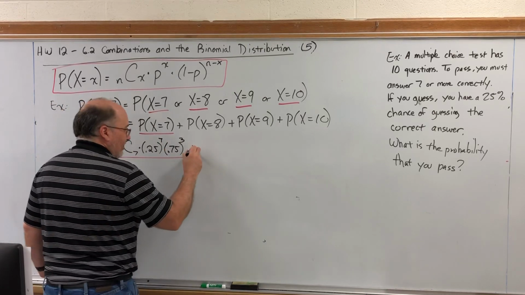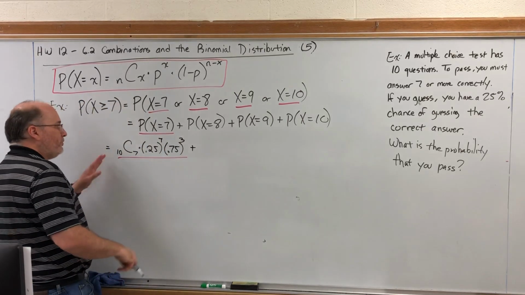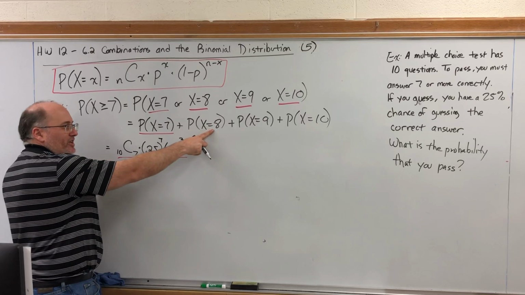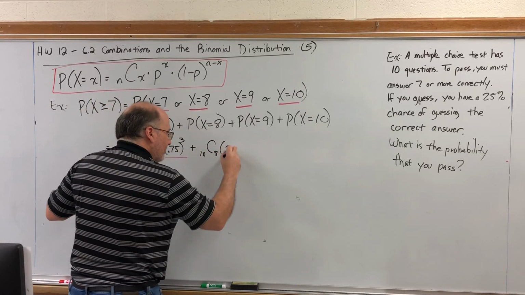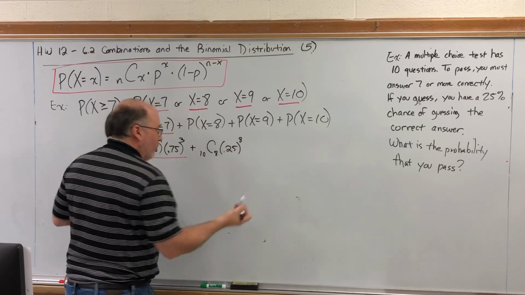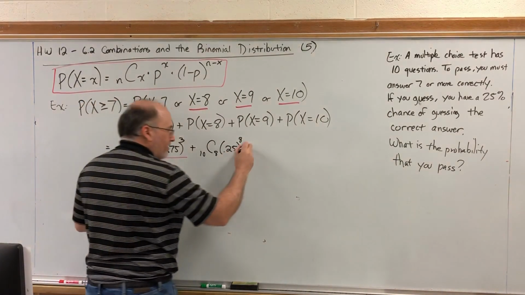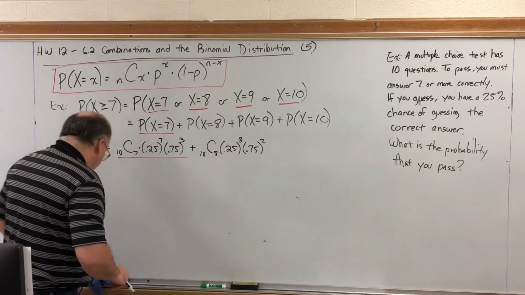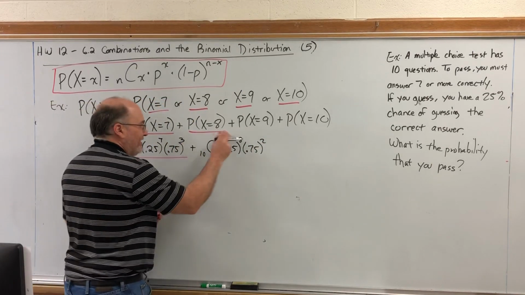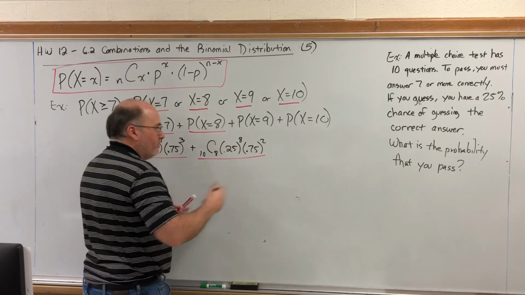And then we got to do the same thing for the rest of them. For probability that we get 8 correct, it would be 10C8 times 25% to the 8th power, because now we're having 8 successes, times 0.75 to the 2nd power, because now if we have 8 successes out of 10, that means we have 2 failures.